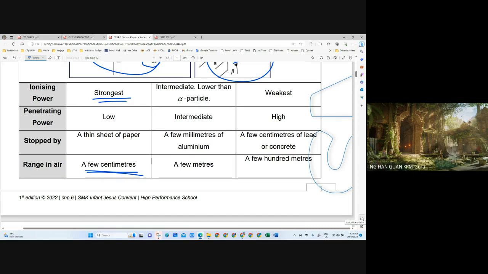Okay, and then one more thing you have to understand is the radiation itself actually is not dangerous, right? The dangerous one is the source.